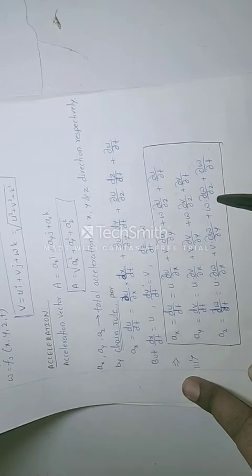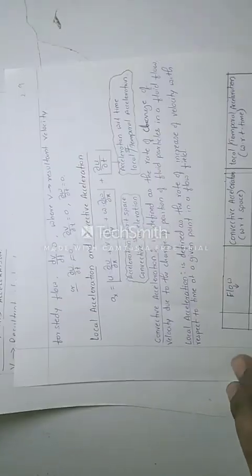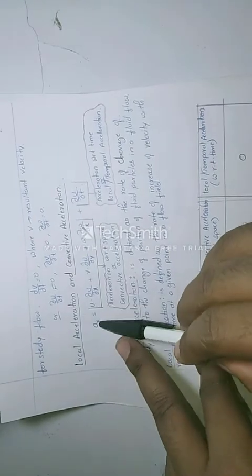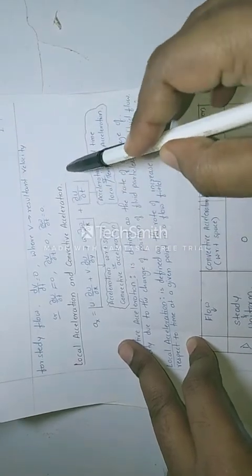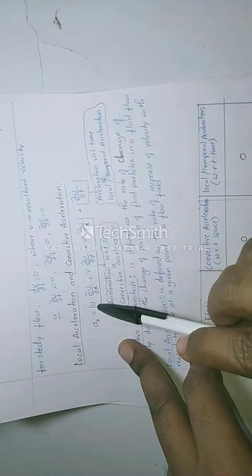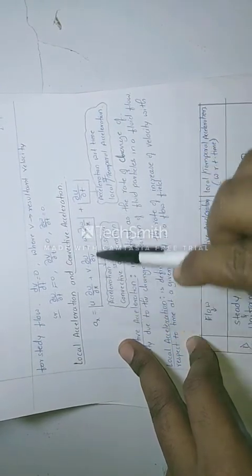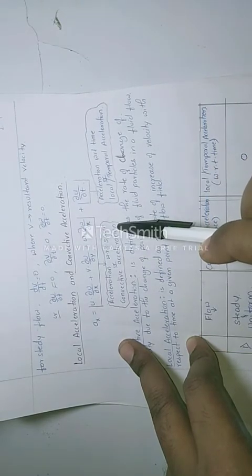Here, one important thing that you have to remember is that we get two sets. So ax is equal to an expression with respect to space, and there is one expression with respect to time. The expression which is with respect to space coordinates, we call the convective acceleration.